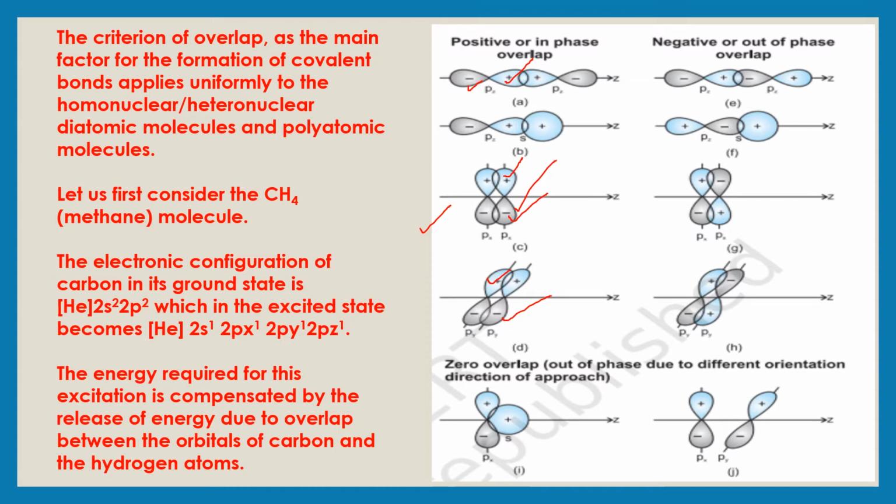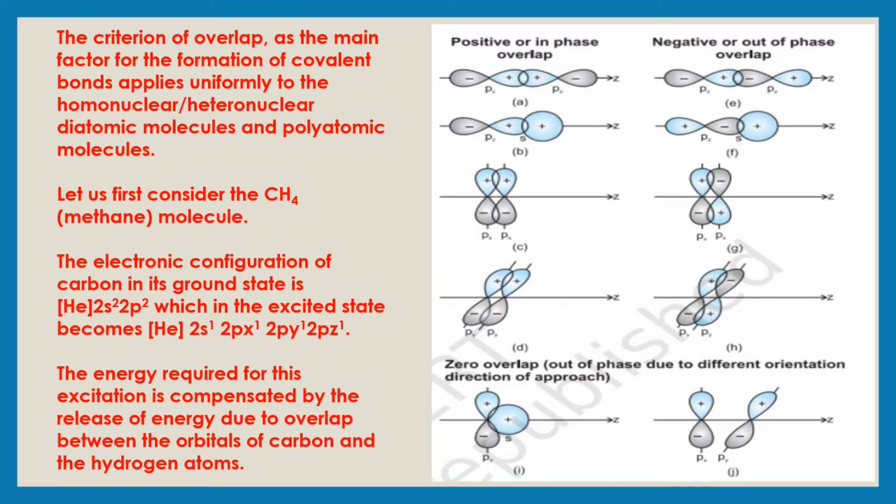First thing. Now let us understand how this orientation is important, how these orbitals come close and result in the formation of a molecule by proper overlap. When I say proper overlap, extent of overlap does matter obviously, but the orientation, how we are showing the particular orbital, also matters.